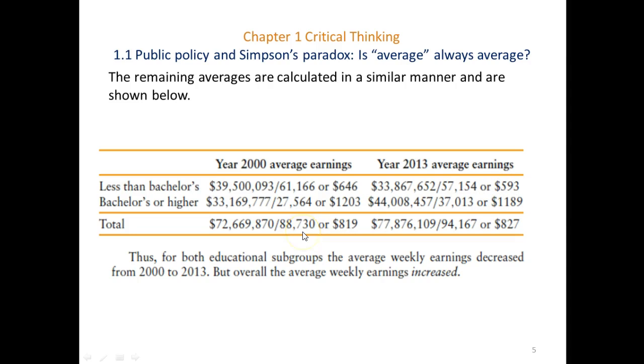Now if you look at these figures overall, if you take the weekly earnings by the entire population divided by the total number of individuals in the population, we have an increase in average weekly earnings. For both educational subgroups, the average weekly earnings decreased from 2000 to 2013, but overall, the average weekly earnings increased.